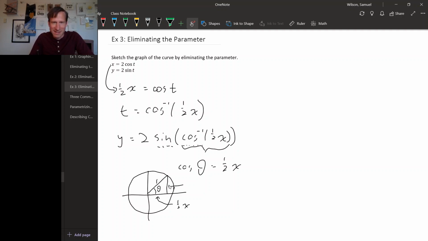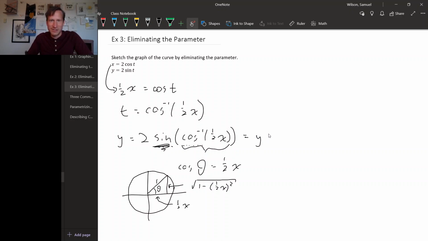And that means that this right-hand side is going to be the square root of 1 minus 1/2 x squared. Now we can use this diagram to evaluate this sine function here.